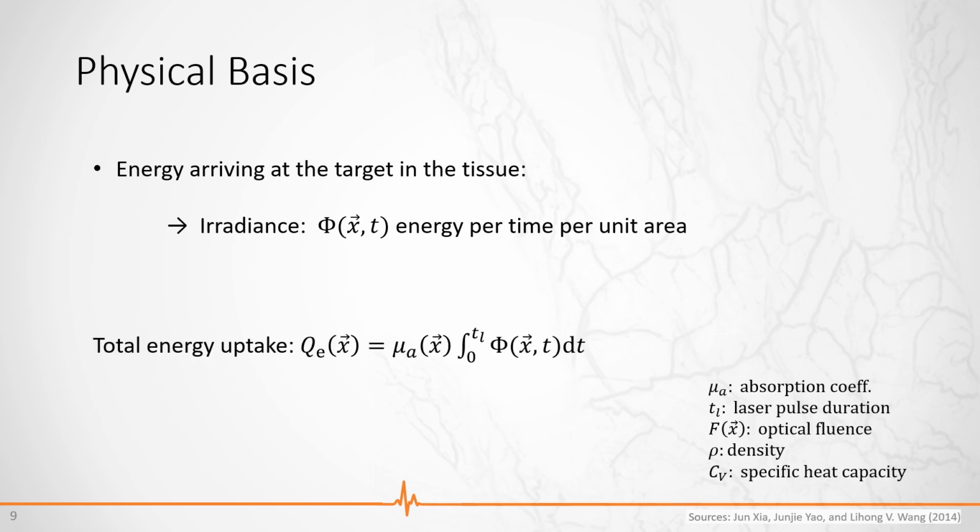For our process, we are interested in the total energy uptake from the laser pulse at a certain point, which is the integral over the length of the laser pulse times the absorption coefficient, which tells us how much energy is absorbed. The total energy that arrives at a certain point, described by the integral, is also called the fluence.